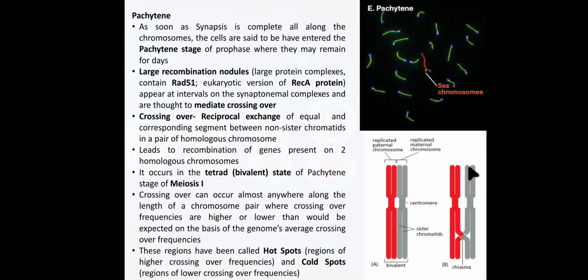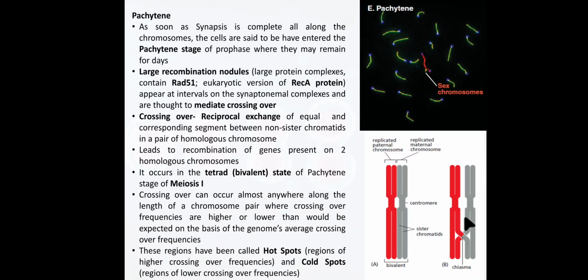Without the maternal or without the paternal chromosome, there is no crossing over. So the cells remain in pachytene stage for several days, waiting for the interval where the other parental chromosome comes and starts the crossing over. So this crossing over leads to recombination of genes present on two homologous chromosomes.